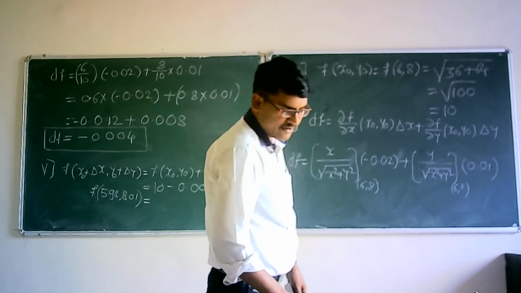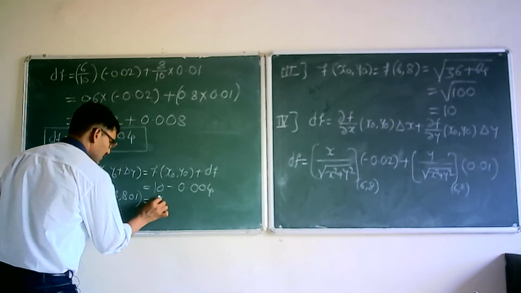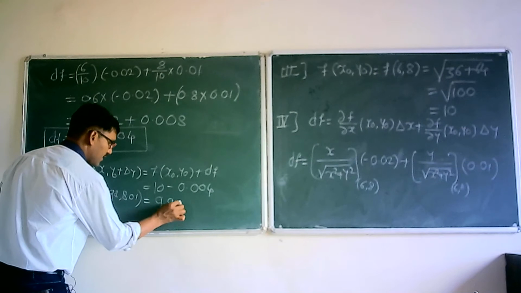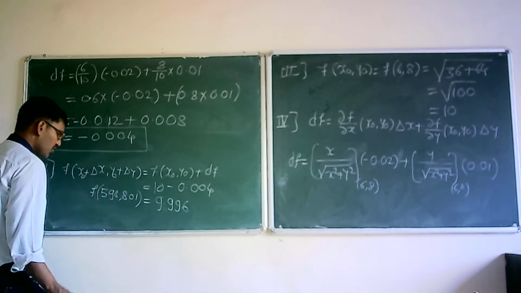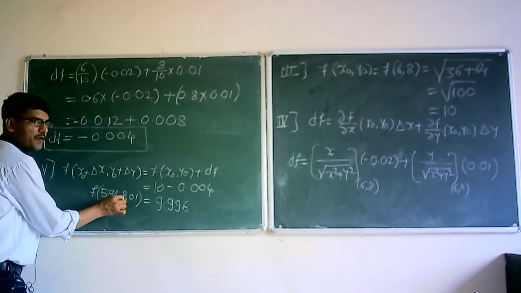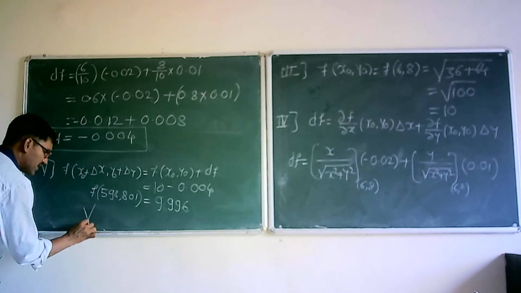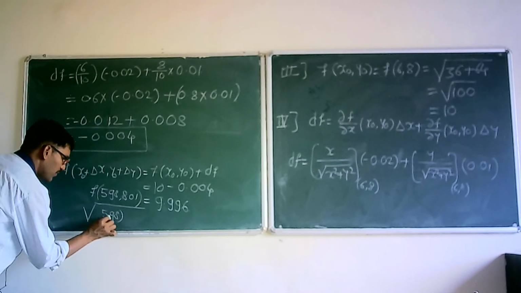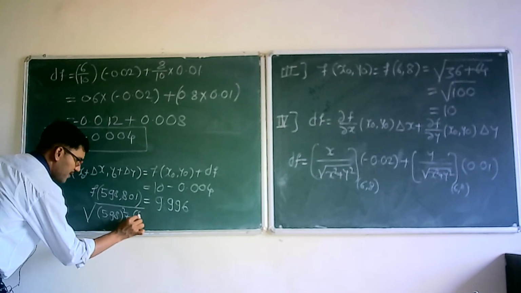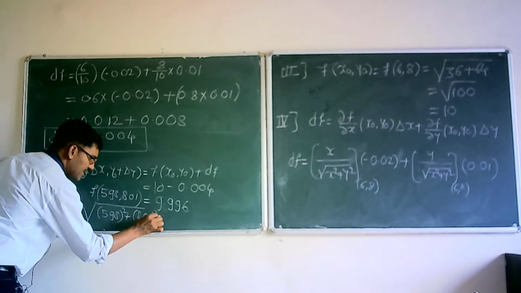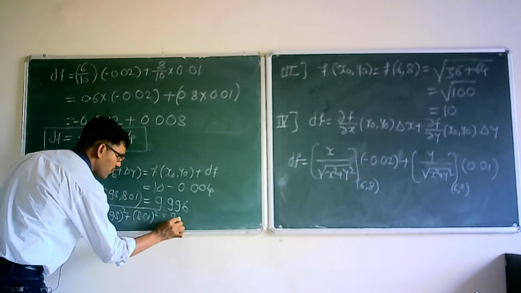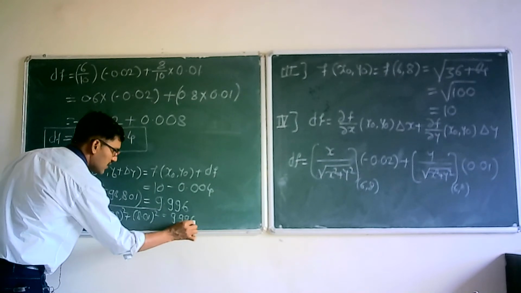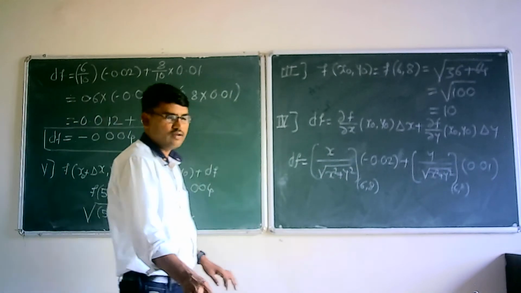It is equal to 9.996. But what is f of 5.98, 8.01? What is our function? Under root of x square plus y square. So this is equal to under root of 5.98 square plus 8.01 square, which is 9.996. So this is the answer by using a differential.